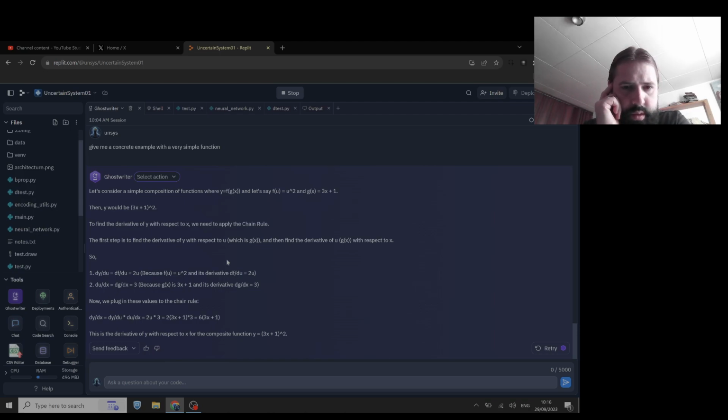So the derivative with respect to u. So first you kind of abstract that away, and then you kind of plug that in. It's 2 times u, obviously, and then d dx is 3, and so basically what we're saying here is 2 times 2u times 3.